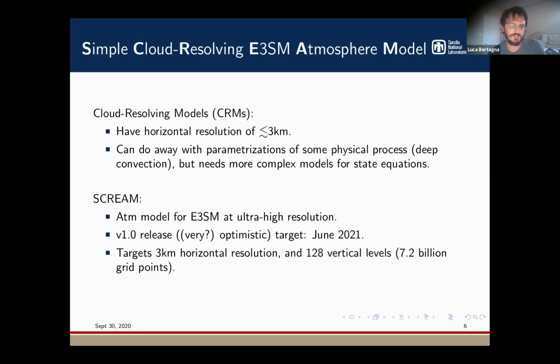The target for SCREAM will be a 3 kilometer horizontal resolution and 128 vertical levels. So that means that if you remember the element of HOMME that I showed you before, there will be 128 of those vertical levels, and the average distance between two of those points inside the element will be about 3 kilometers, 3.2 actually. So that amounts to about 7 billion grid points.